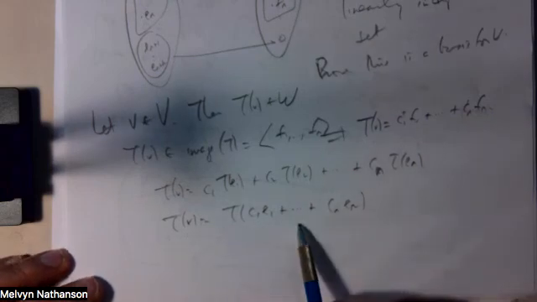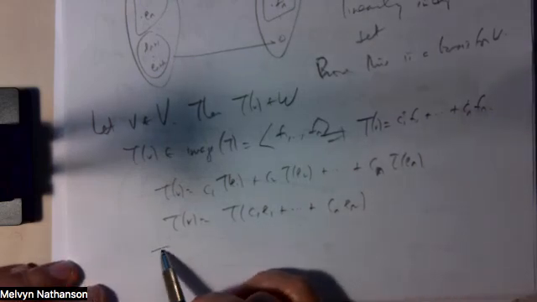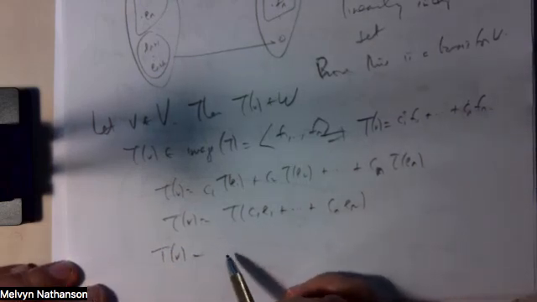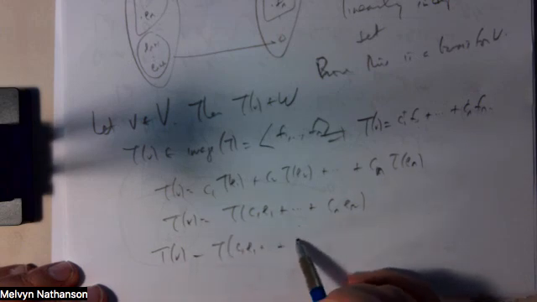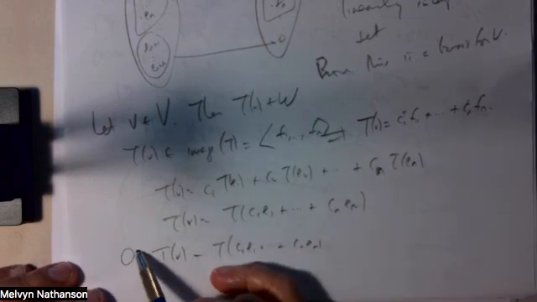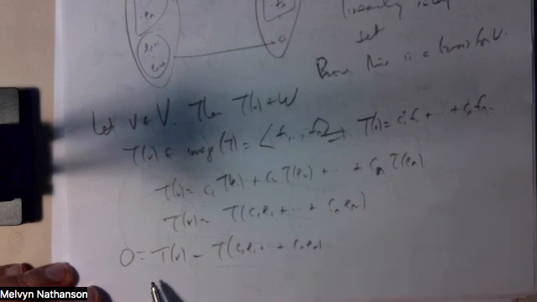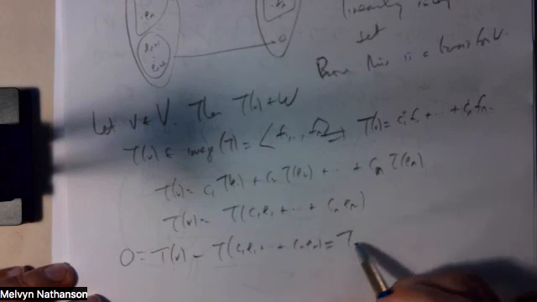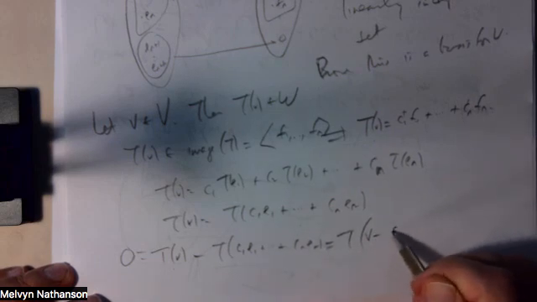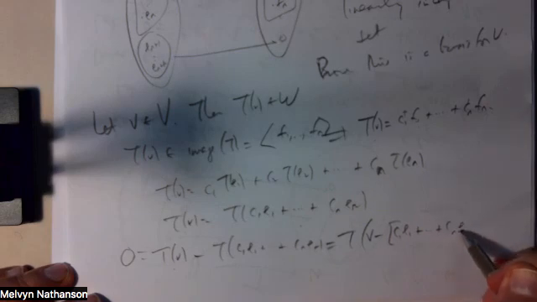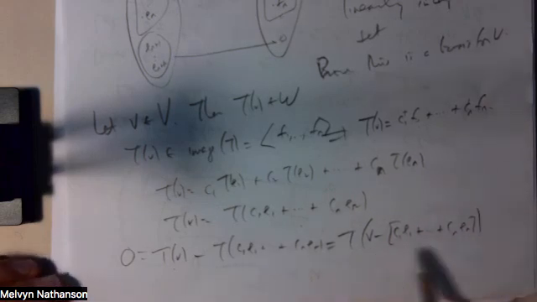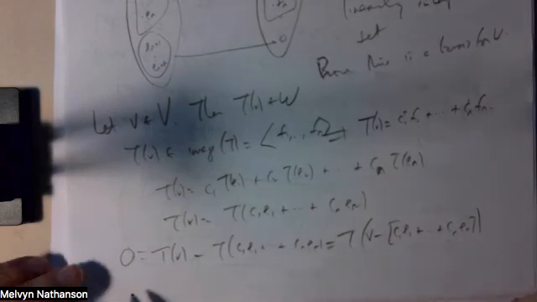So this vector equals this vector. If you subtract equal things, you have to get the zero vector. Because of linearity, T(v) minus T of this is T(v minus (c1 E1 up to cR ER)). So T of this vector is 0.